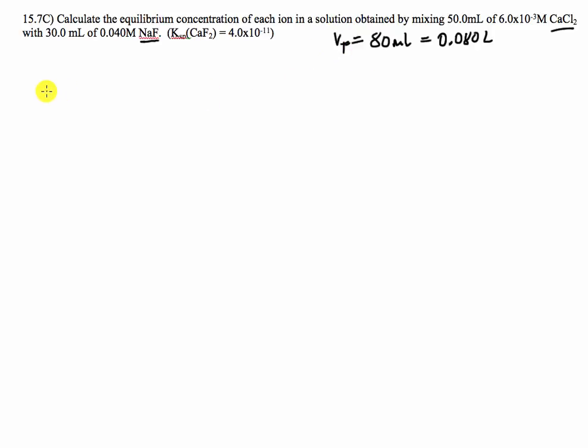Now, the strategy that we're going to take with this problem, because I want to find out the concentration of ions in solution, is to break this up into two parts. Part one is to let all of the solid form. What that means is I'm not worrying about solubility.